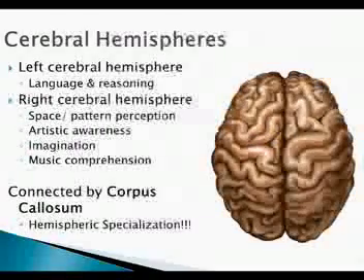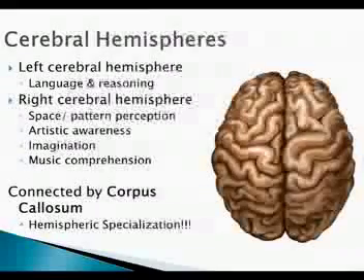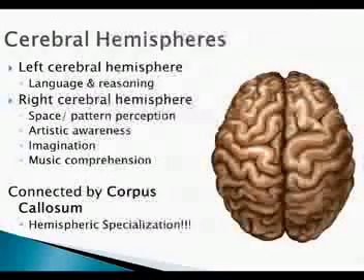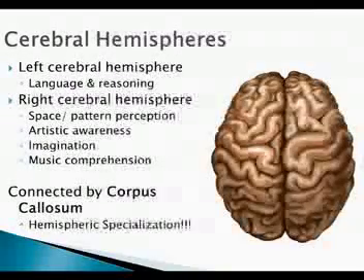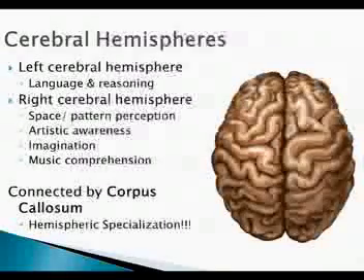All right, so as we move on, we talk a little bit more about some of these structures that we hinted at earlier. The cerebral hemispheres, right? You have a left hemisphere and a right hemisphere, and you're dealing with different specializations.